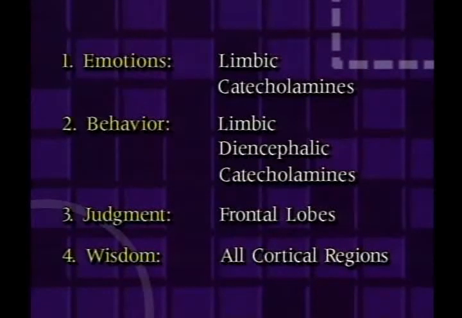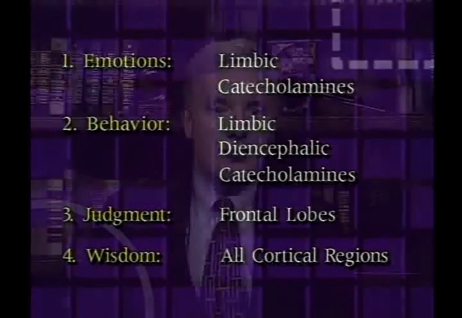Patients with significant frontal lobe injury oftentimes make serious mistakes with regards to their judgment, act in an impulsive way, and get themselves into trouble. Wisdom is an even higher order cortical function involving the entire brain function. No one has yet to identify the brain region specifically assigned for wisdom.